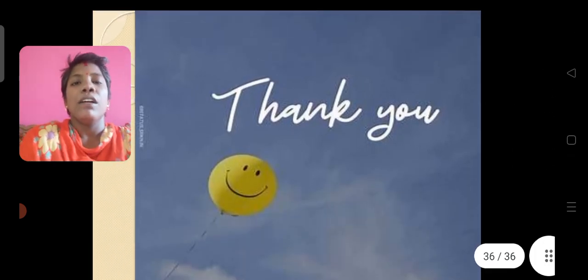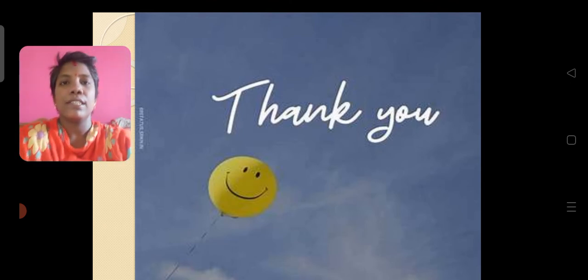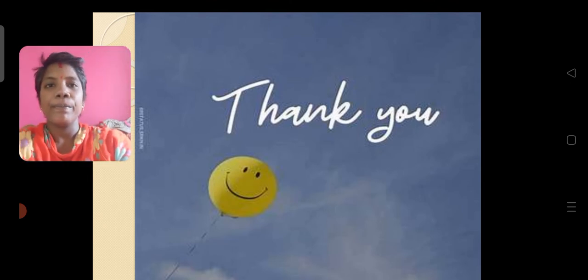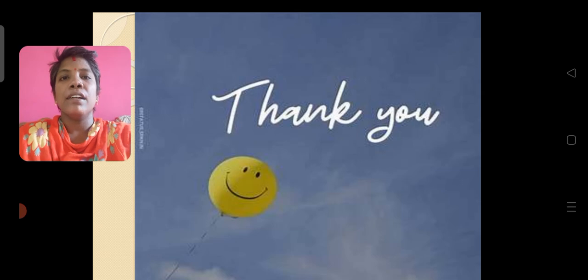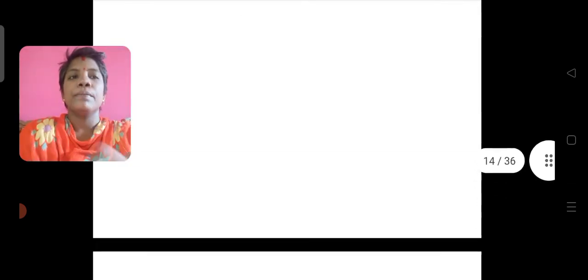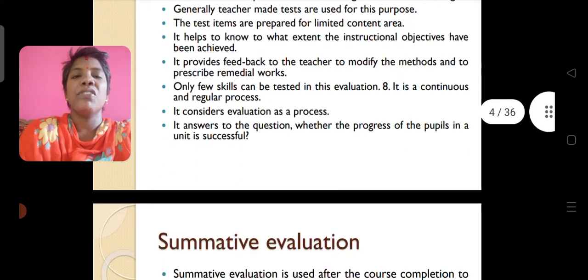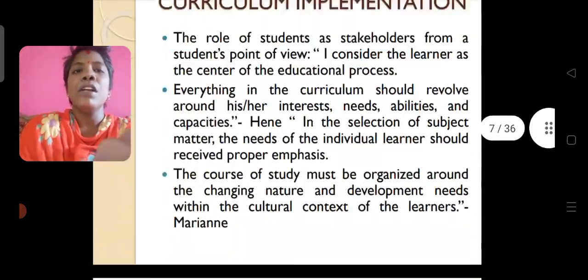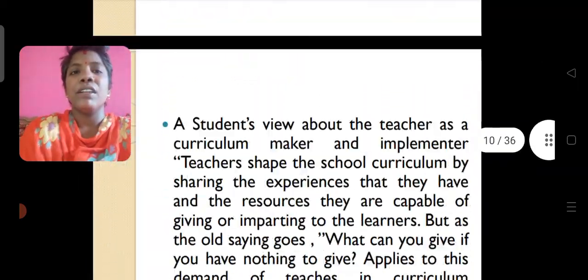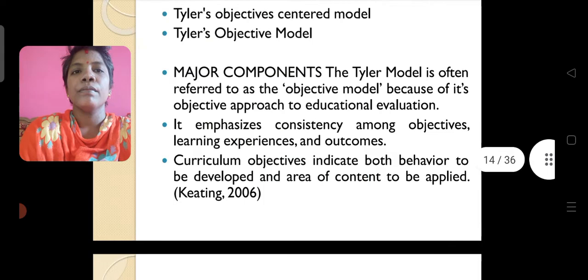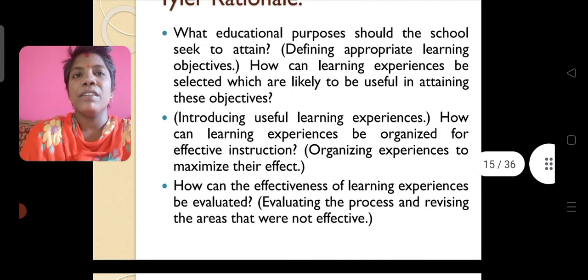Okay. What are the chapters we discussed today? Taylor's model, forms of evaluation, formative and summative, then curriculum evaluation, then methods of curriculum evaluation.